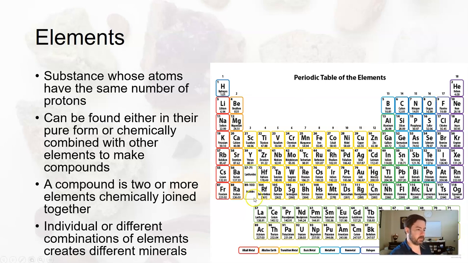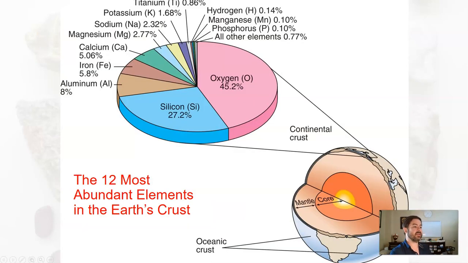So there are a lot of elements in the periodic table, but lucky for us, the Earth's crust really only has 12 abundant elements and then everything else.